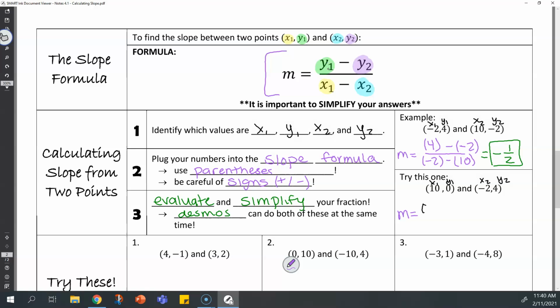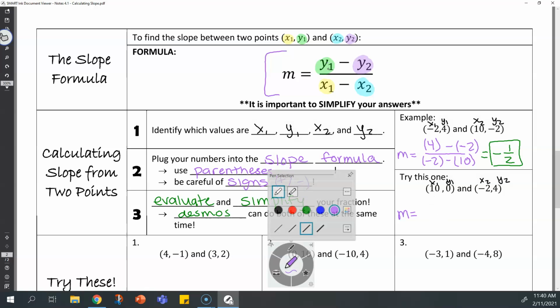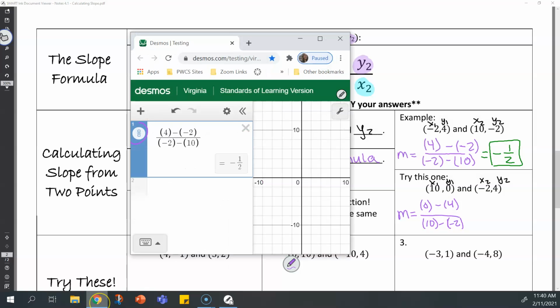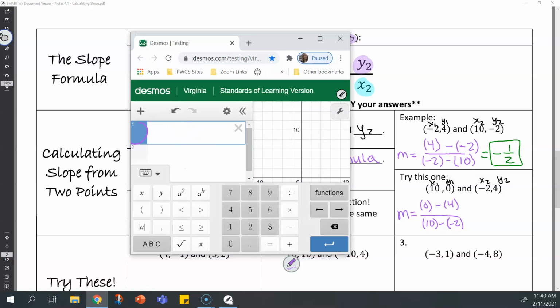y1 is 0. Again, we use parentheses to plug those in. Minus y2 is 4, over x1 is 10, minus x2 is negative 2. We use parentheses all the time. Then all I have to do is plug this into Desmos.